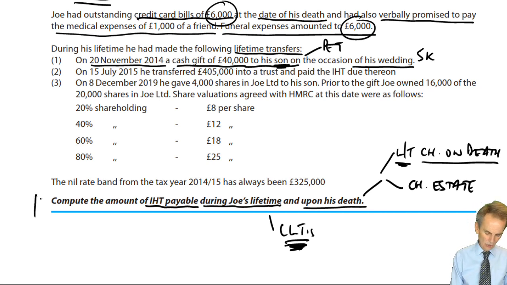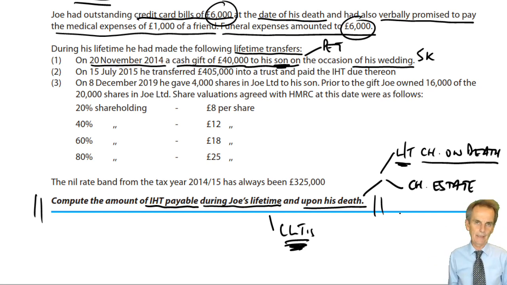Again, do make sure that down here, or in any of the requirements to any of the questions, they don't say something like ignore annual exemptions. If they did, of course, we would ignore them. But assuming that that is not going to happen, we need to recognise what annual exemptions would be available.